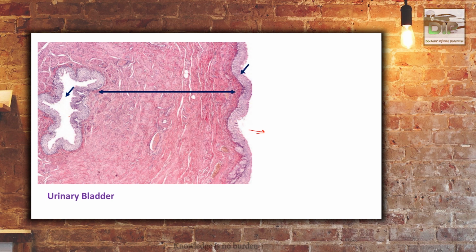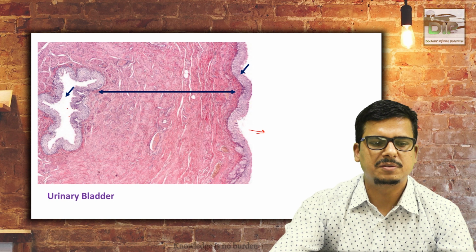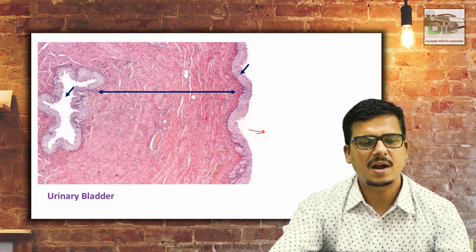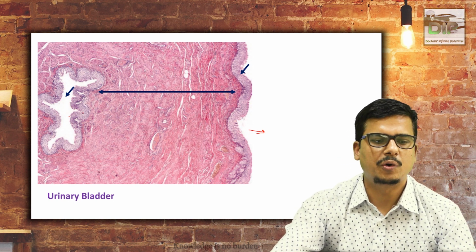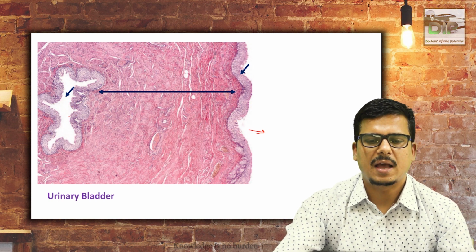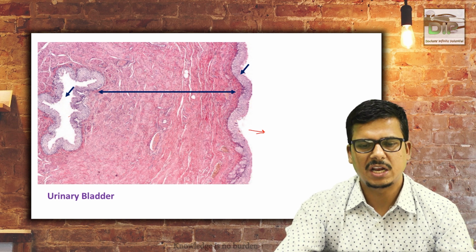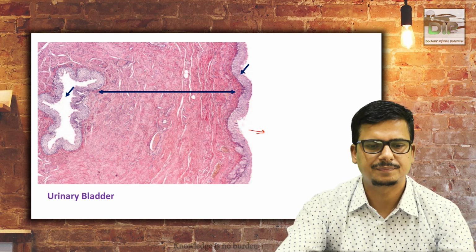What is this structure? This is the structure that opens into the urinary bladder, passing through the muscle layer of the urinary bladder. This is the ureter, where you can also see the lining of transitional epithelium. And this is the luminal aspect of the urinary bladder, lined again by the urothelium or transitional epithelium.